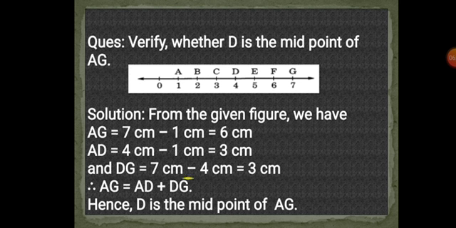So DG is equal to 7 minus 4, that is 3 centimeter. So we can clearly observe here that AD and DG both are of 3 centimeter, and AD plus DG, that is 3 plus 3, gives us 6 centimeter. So D is the midpoint of AG, as D is dividing the line segment AG into two equal parts.